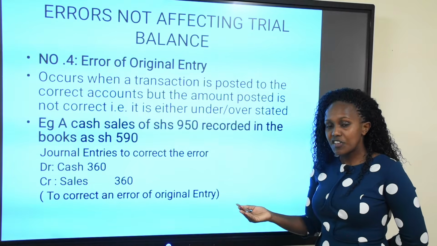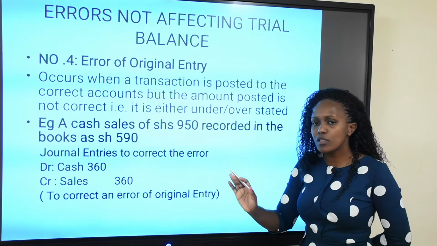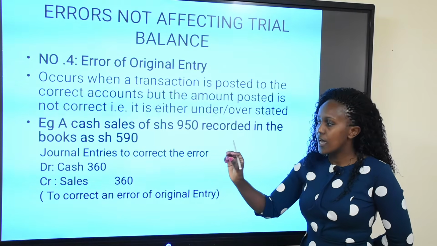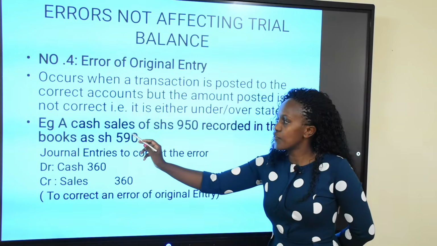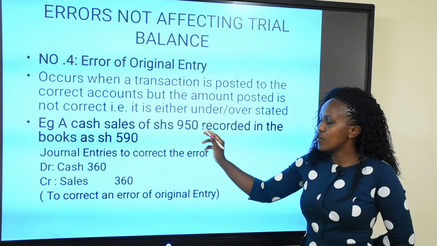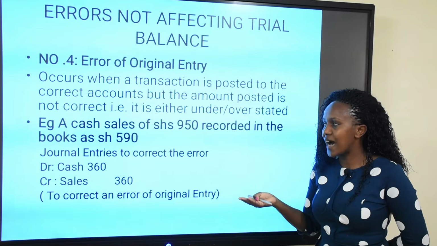A revenue also increased, hereby a sale, it was credited. But the amount that was put in these two accounts, the cash account and the sales account, was 590 instead of 950.